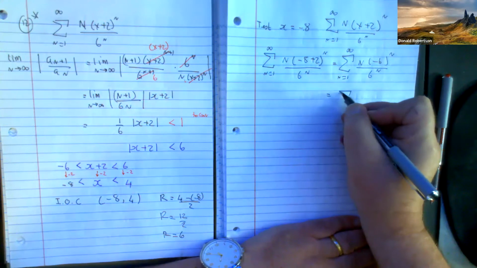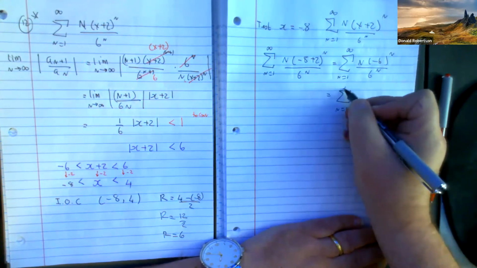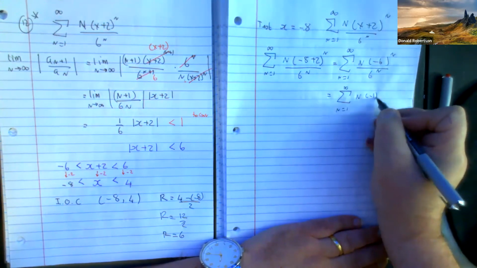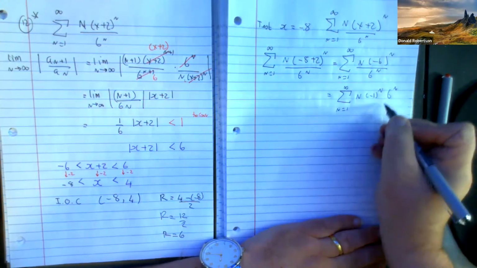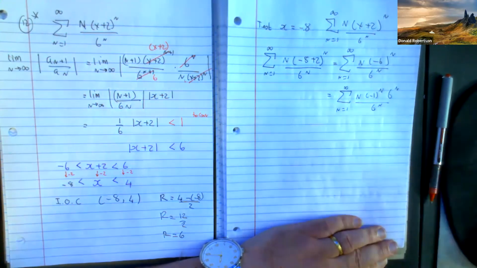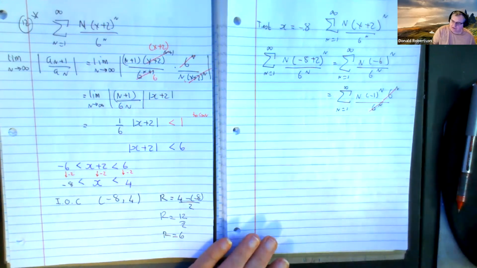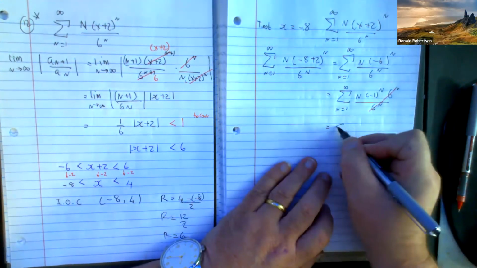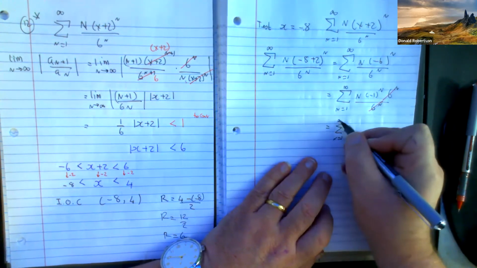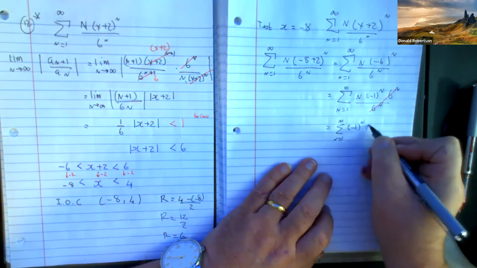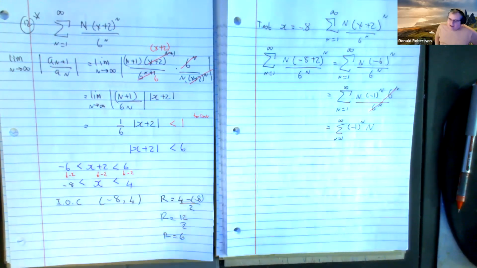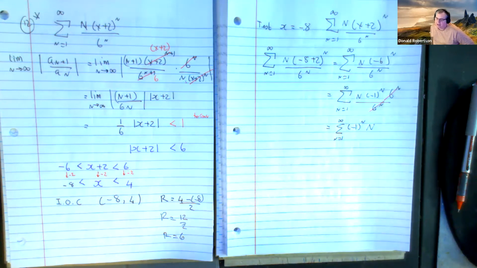Typically, if you see a negative like that, you split them into 2 pieces. So it's (-1) to the n, 6 to the n over 6 to the n. And things being what they are, you always get some kind of cancelling. And I'm going to rewrite this guy that way around, because to me that looks more sensible. Right. Alternating series, the thing's increasing, it is divergent.